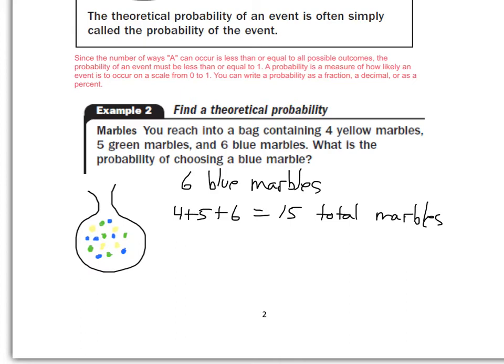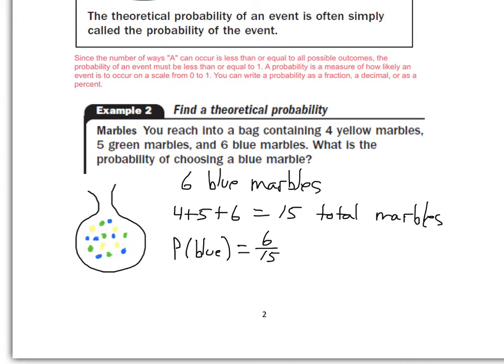Therefore, the probability of blue, and I want you to notice how I'm writing this, capital P, like function notation, the probability of blue, in parentheses, is going to be 6 out of 15, which is an unreduced fraction.